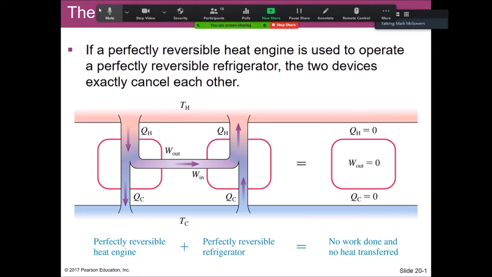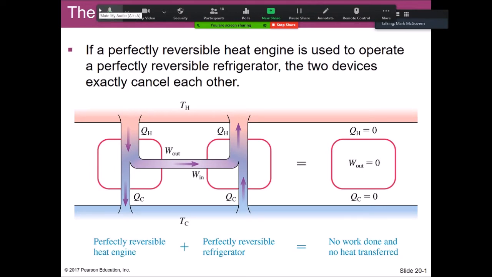I actually discussed this in the previous video, but the idea here is we have a reversible heat engine. I'll talk a little bit more about reversible because we talked a bit about that concept before. But a perfectly reversible heat engine where you take some hot reservoir, you do work, you exhaust some energy to a cold reservoir.